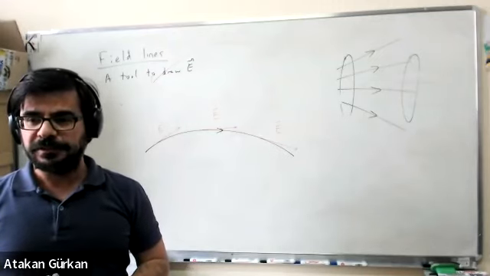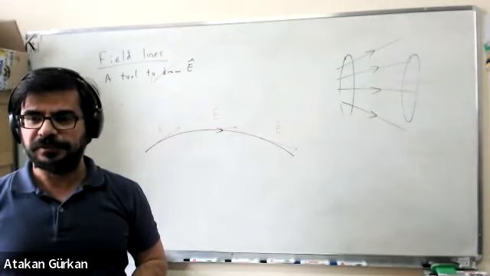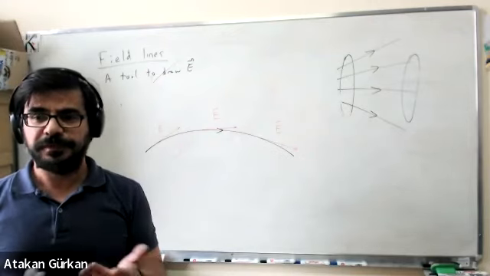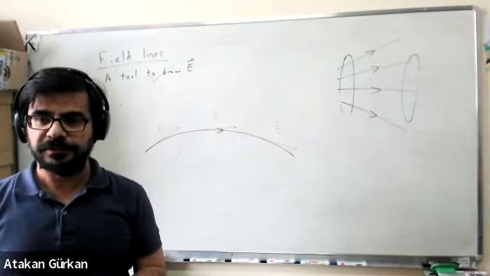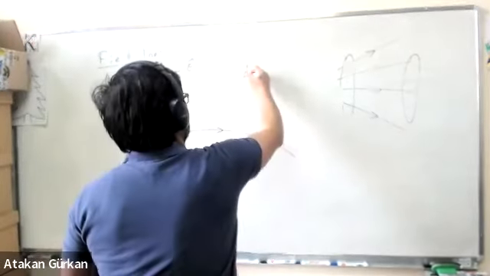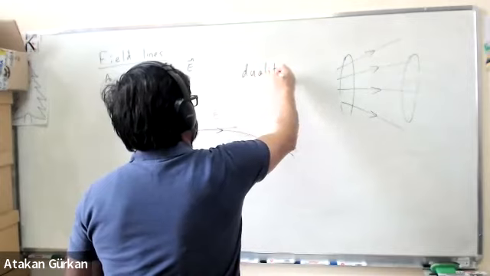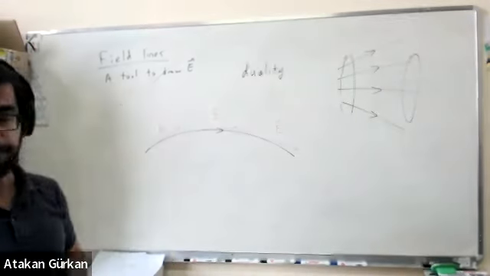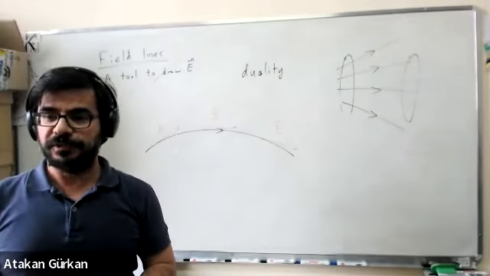There's a mathematical reason behind this. The vector field and the field lines are duals of each other, but that's way too complicated. I don't want to get into that. But if you want to look it up, this is the keyword, duality. They are just the two sides of the same coin.